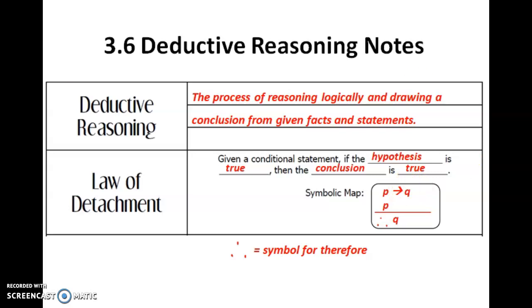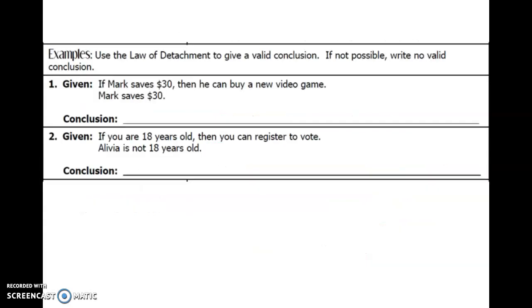Here are some examples on your second page. Examples: use the law of detachment to give a valid conclusion. If not possible, write no valid conclusion. So I need to be given an if-then statement, and the first part of that if-then, the P, the hypothesis, must be true. So number one, if Mark saves $30, there's our P value, then he can buy a new video game.